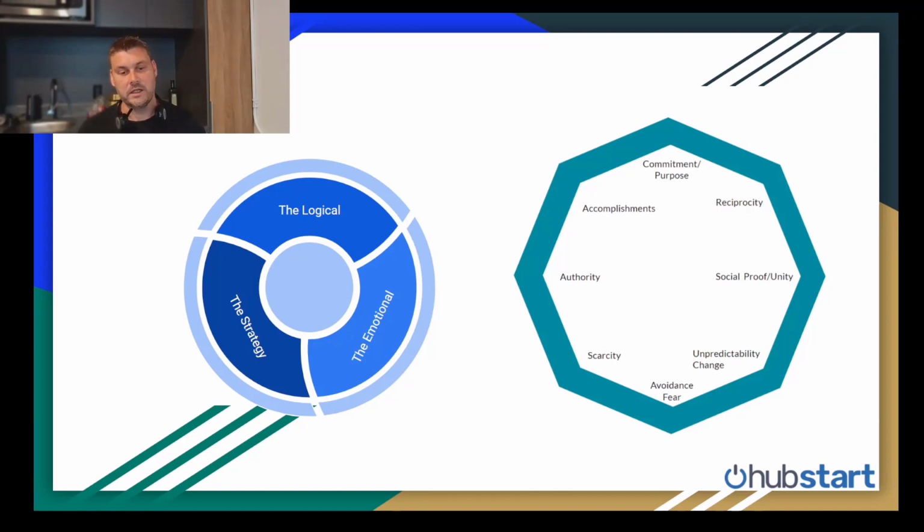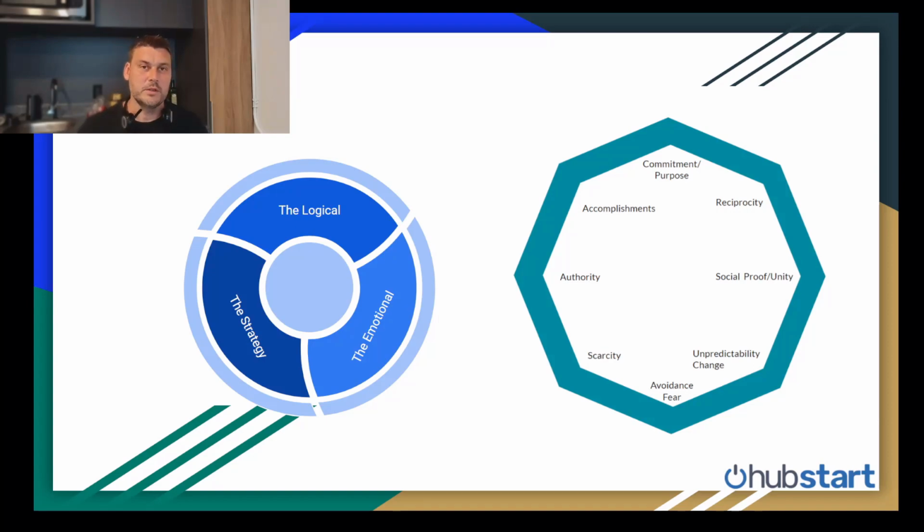The logic can be explained through facts and figures, through case studies, and through other aspects: examples, demos, calculators, white papers. The logic is taking the reasonable and the rationale of the human to evaluate and understand that this is a product that they want, that yes, it makes sense that they want this.